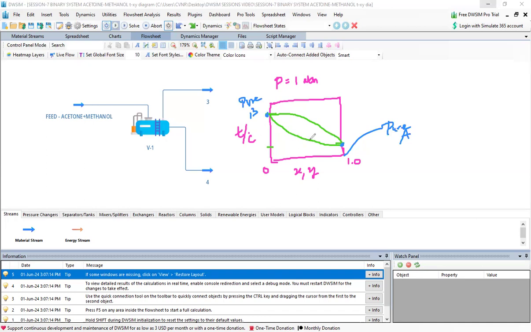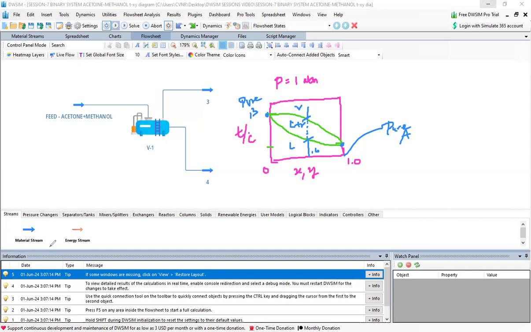So if I say this is 60% feed composition, then this is bubble point and this is dew point. In between these two, there is a two phase. So this is L plus V, this is liquid, and this is vapor.